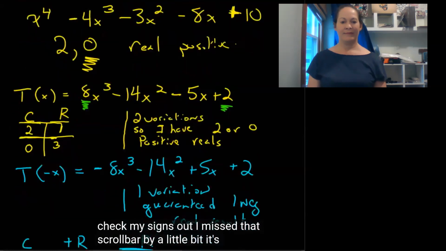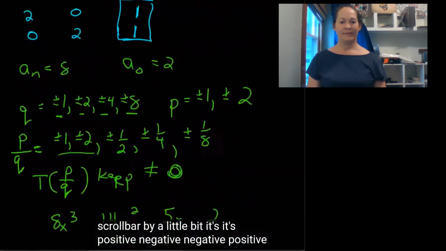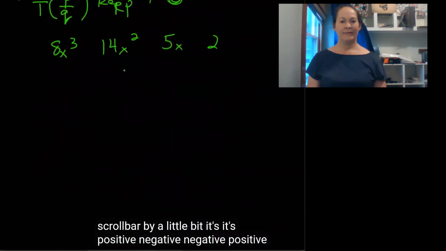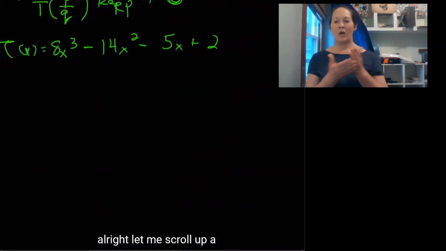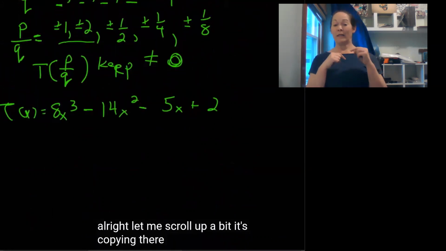And I just need to check my signs. It says positive, negative, negative, positive. There's my t of x.